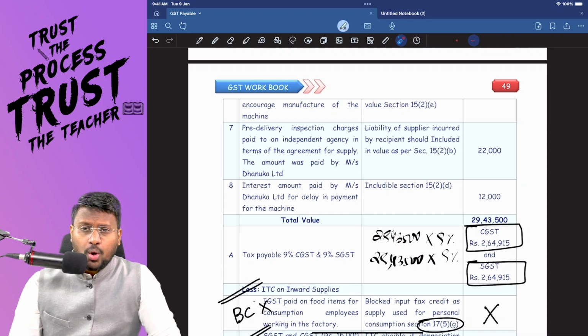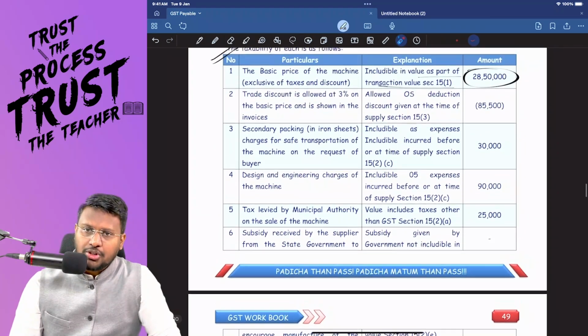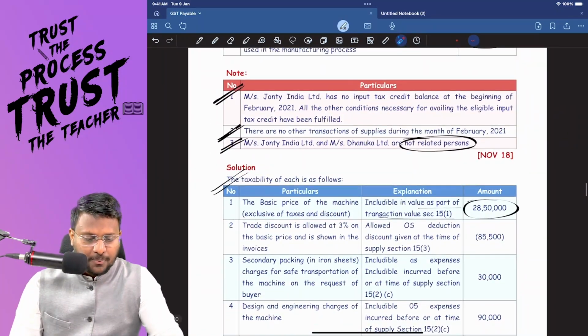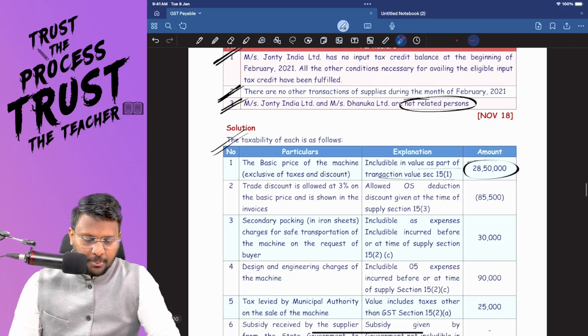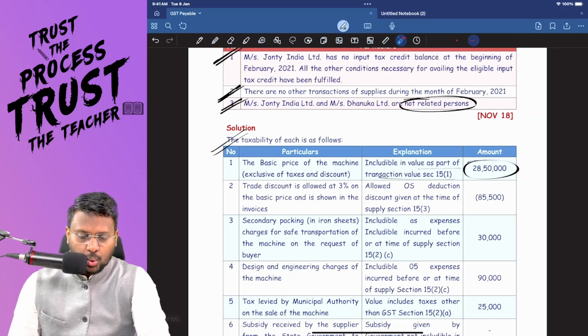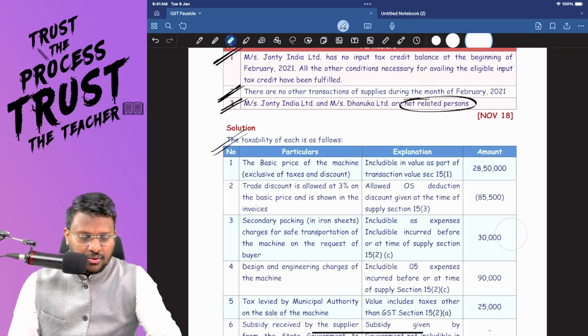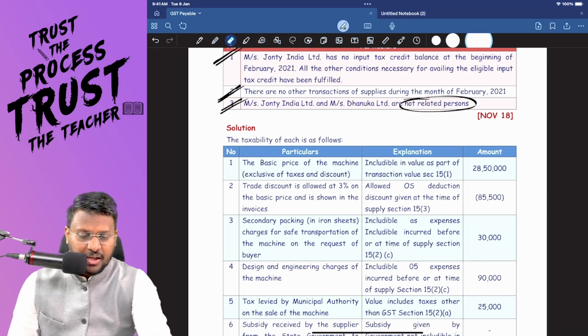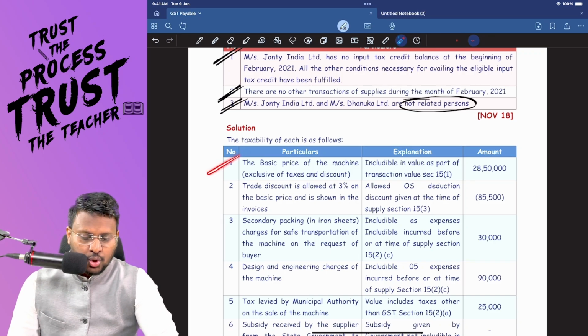So if you are thorough with Section 15, my dear lovable students, you'll be able to solve this question. And this question is a past examination question, November 2018. So we'll be quickly going through the adjustments. Basic price, sir, should be included in the what of supply? Value of supply. It is already given in the question, so we have not done anything.